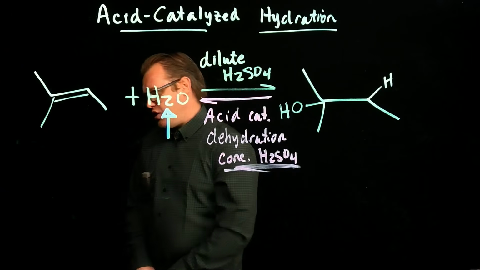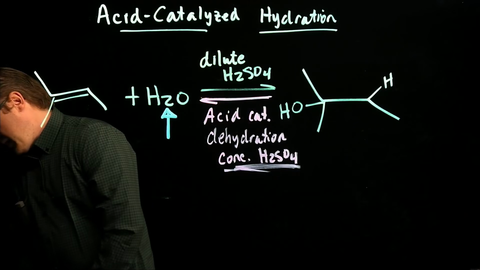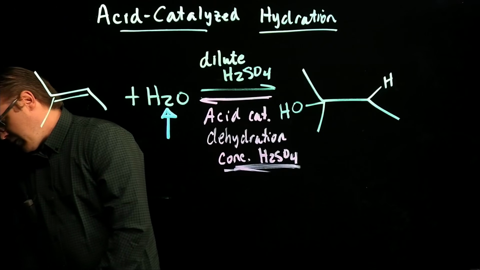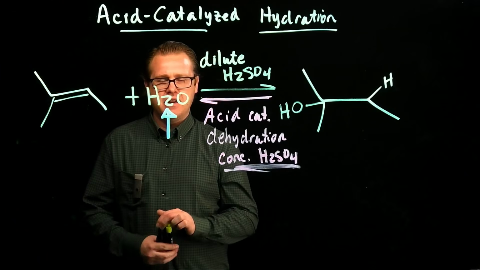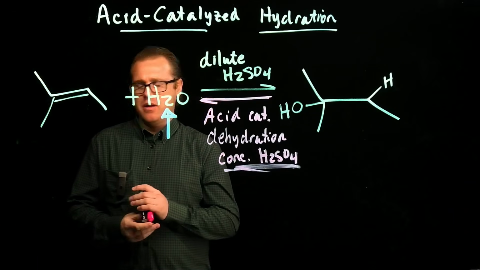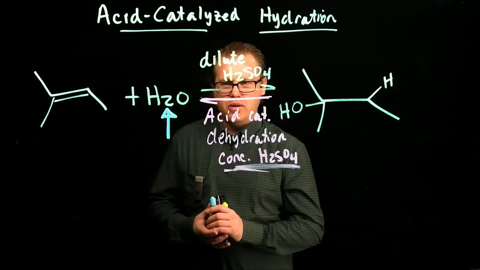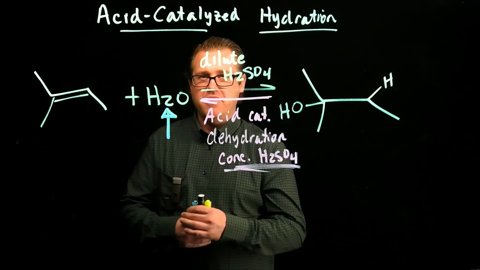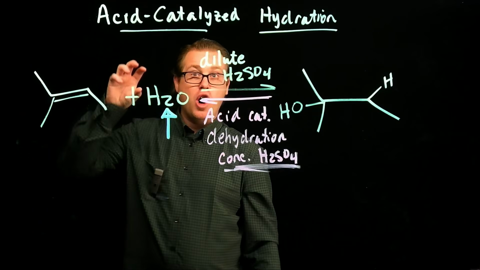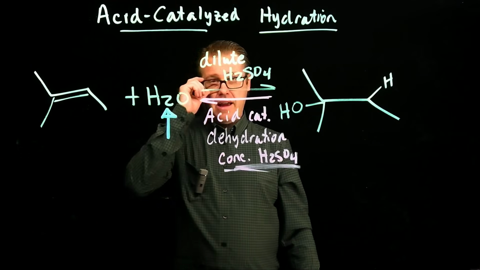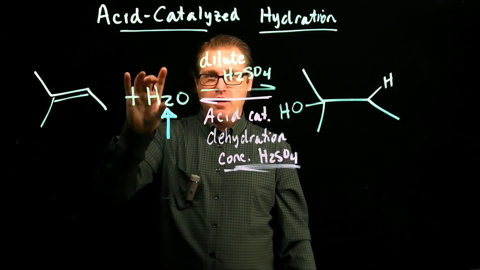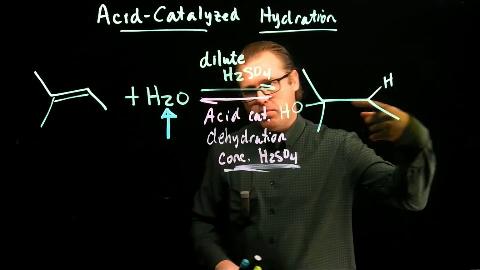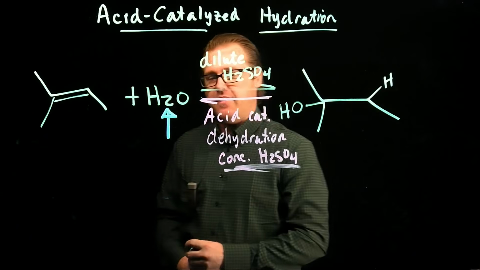You could also do this with distillation, and you'll learn about distillation more in your orgo labs, but distillation is physically removing the water. So if you have a chemical setup where it's removing water as the reaction's going, then you can drive it to the left.